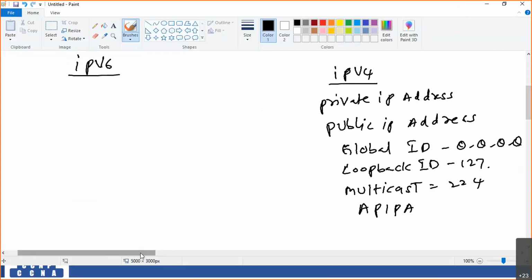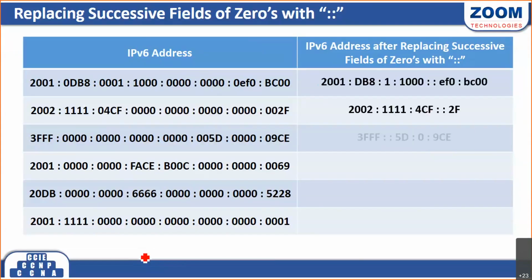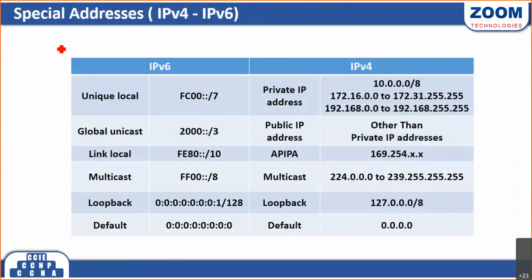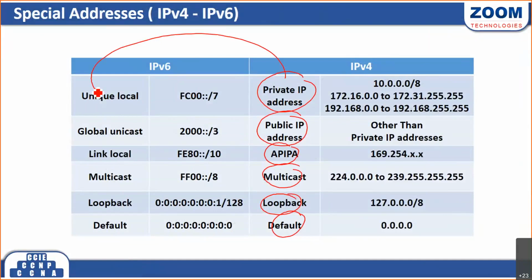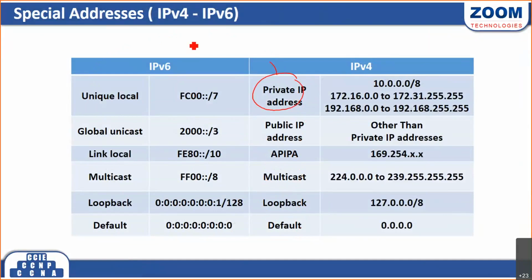So in IPv6 also we have special IPv6 addresses, like IPv4: private IP, public IP, APIPA, multicast, loopback, and default. In IPv6, private IPs are called unique local. So any IPv6 starting with FC is a private IP address. That's fixed.